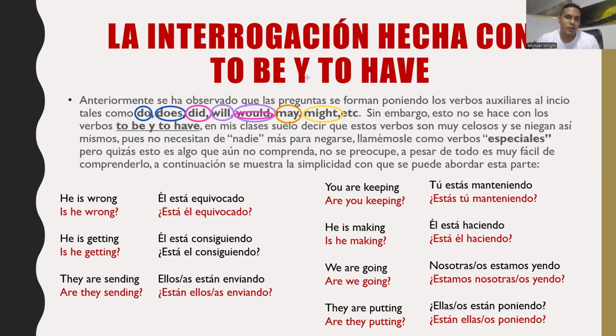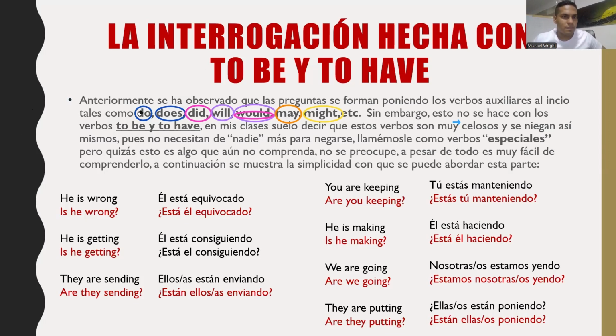Even though we have this dynamic with these ones, with the verbs to be and to have, in my classes, I say that these verbs are so jealous, celosos, right? They are so jealous, right? And they have their own negation. They have their own negative forms. That's why they don't need another verb to negate themselves, to make themselves negative, right?